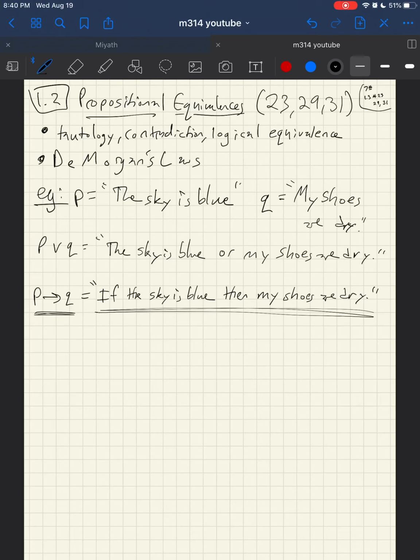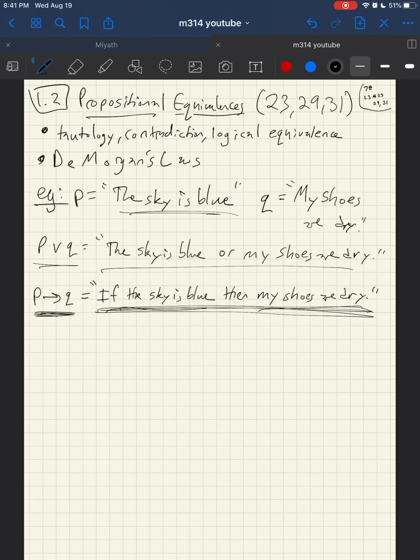If you were writing a paper on philosophy and you needed to shuffle up your words to make sure things weren't getting too repetitive, then you should learn a lot of different phrases for P implies Q. But for this class, just if-then is plenty. Or the sky is blue implies my shoes are dry. We can be a little bit robotic in this class because we're not writing super long treatises in this tight logical language. You can do this with all of the logical connectives we learned last time, including negation and XOR. But I want to move past that. If you see a proposition as an English sentence, then you can combine the English sentences by combining propositions.